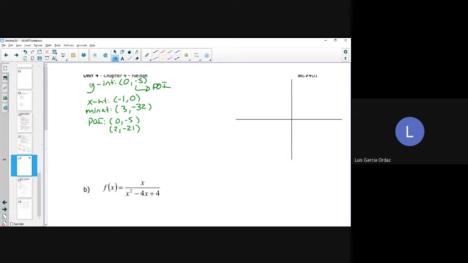But we should also include our sign charts for our intervals of increase and decrease. So f prime of x, then f double prime of x. So I have 0 and 3, and I have 0 and 2.